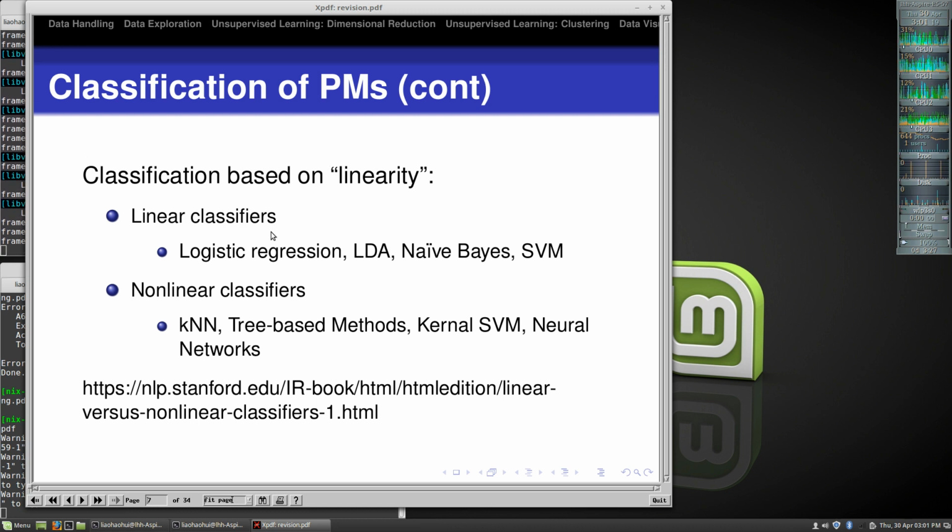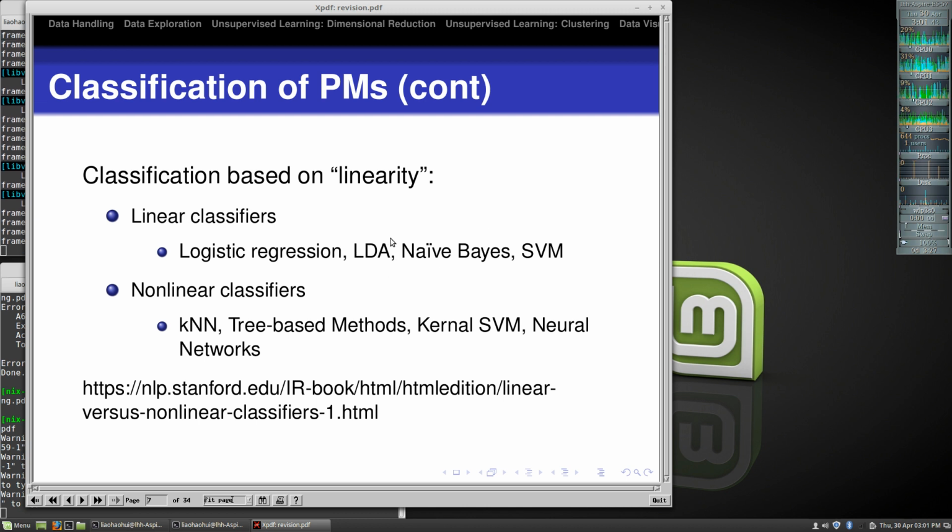Those which classify positive or negative based on just a line or hyperplane, we call them linear classifiers. Logistic regression, as I mentioned, is a line or hyperplane, so it's a type of linear classifier.